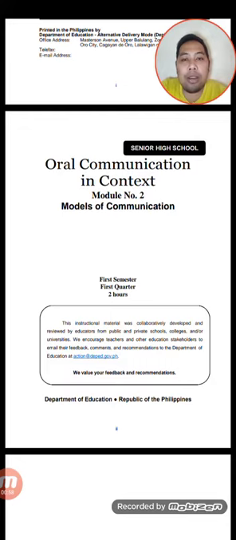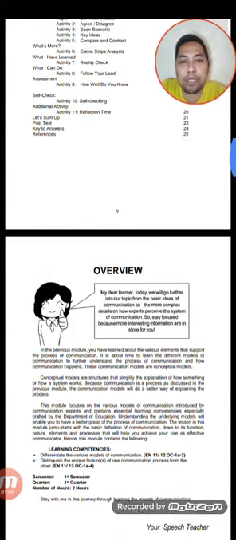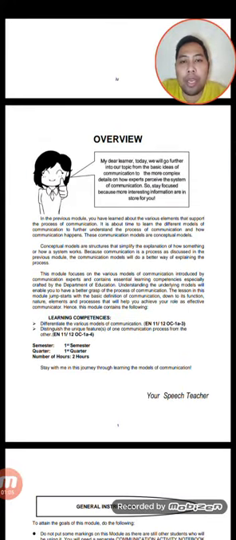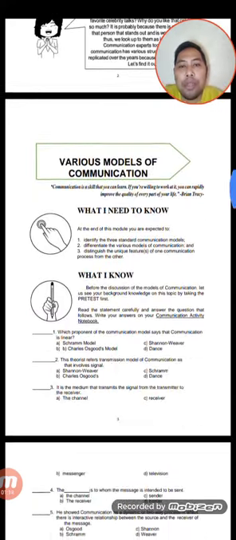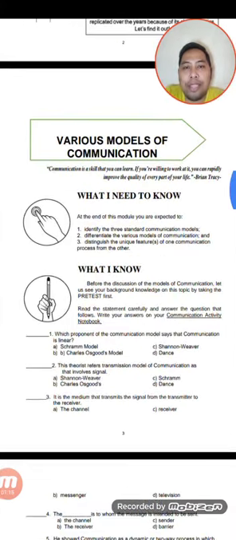So let's have a run through first discussion for oral communication in context. All right, so we are oriented already of the different overviews of the modules. Now let's proceed to the various models of communication.